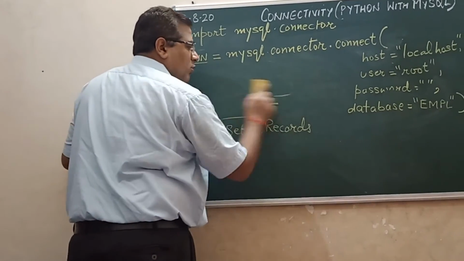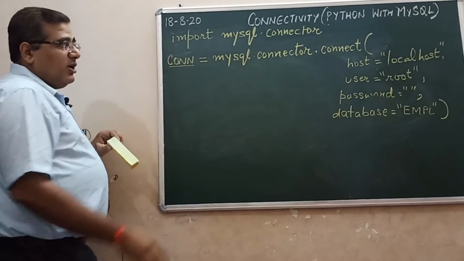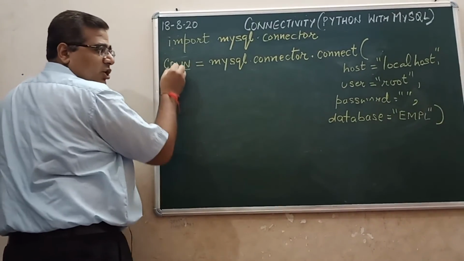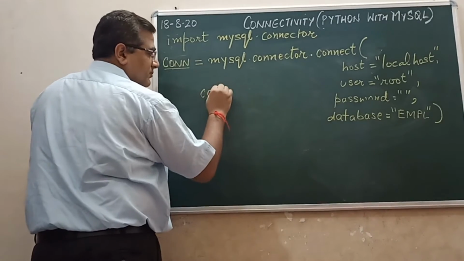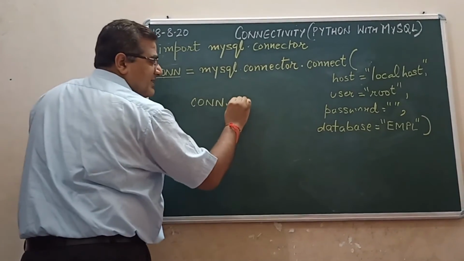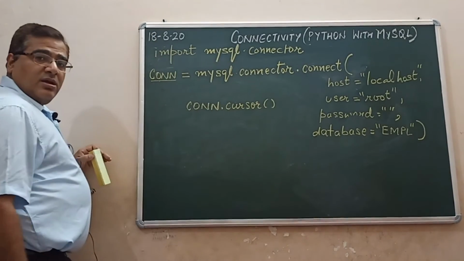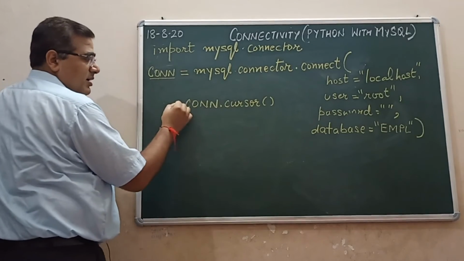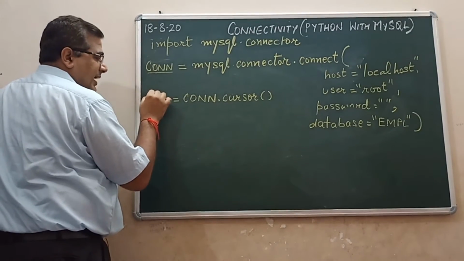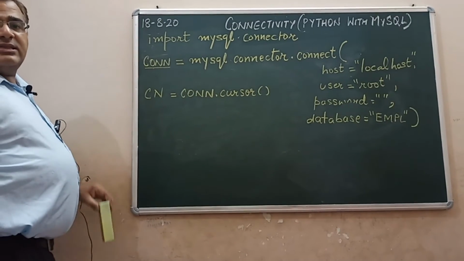Now, in order to create the database cursor, you will be using this connection object dot cursor function, and you will be creating one control structure here, that is the name Cn.